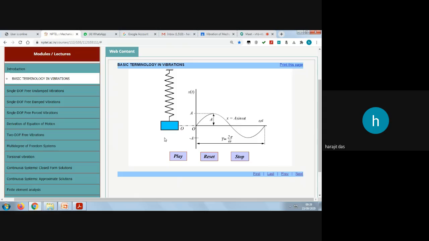From this downward maximum amplitude, when it is again moving back in the reverse direction to this mean line, then one half cycle will be completed. Then from this mean line again it will move upward, then again it will come to this position, and it will form the complete cycle when it moves back to the original position.